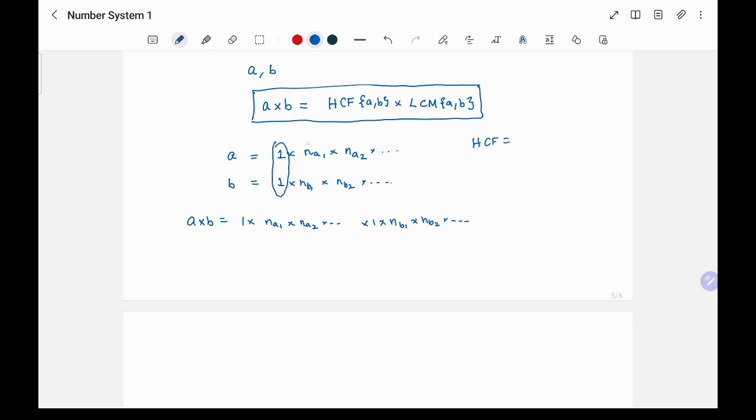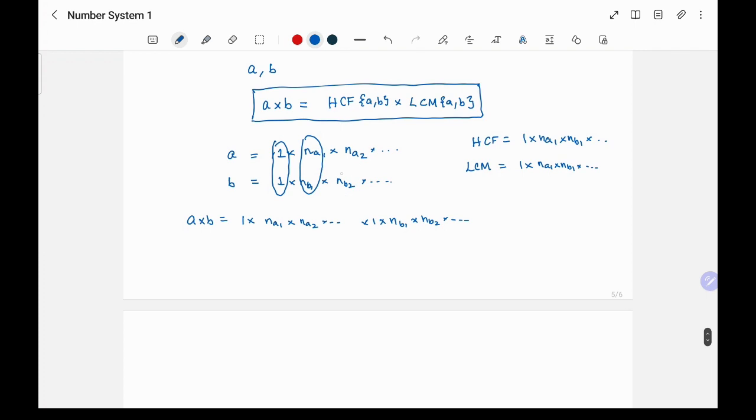Let's say some of the Na and Nb are matching. So HCF will be 1 into Na1 into Nb1, whatever is matching. And the LCM: whatever is matching we write once, 1 into Na1 into Nb1, and whatever is remaining, whatever is not mapped, we write once as it is.